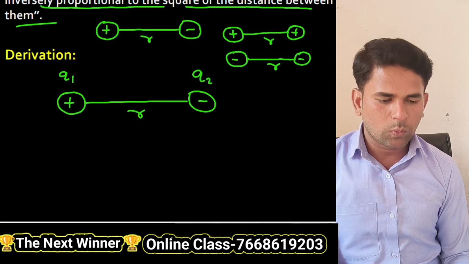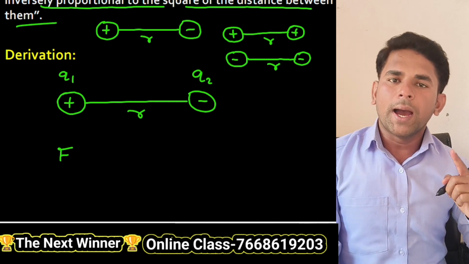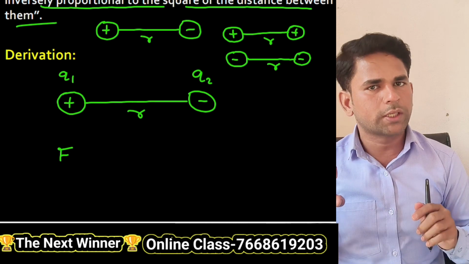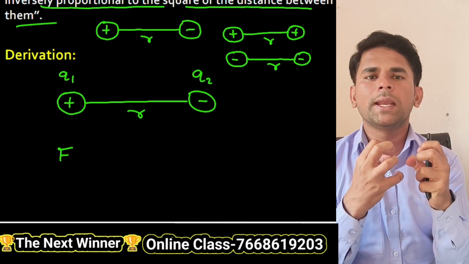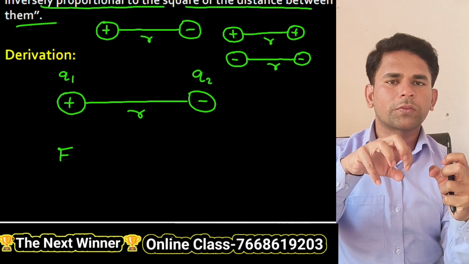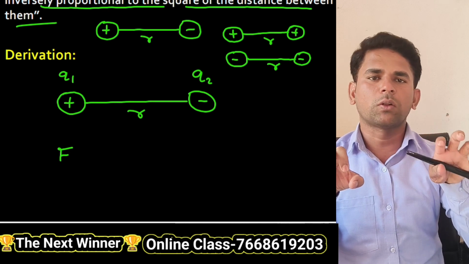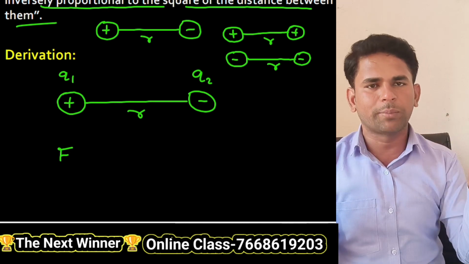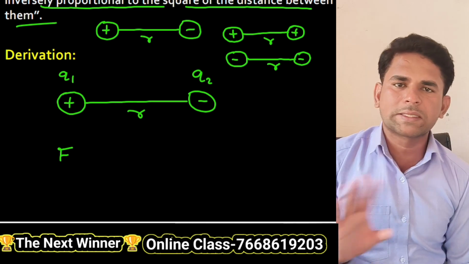According to the statement, force of attraction means one body is positive and one is negative, and force of repulsion means both bodies are positive or both negative. Positive positive repulsion, negative negative repulsion. You can consider both situations, it doesn't matter.